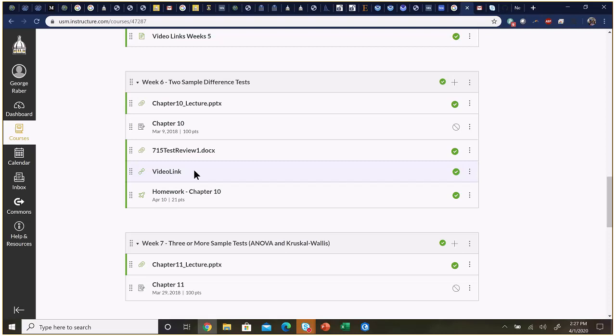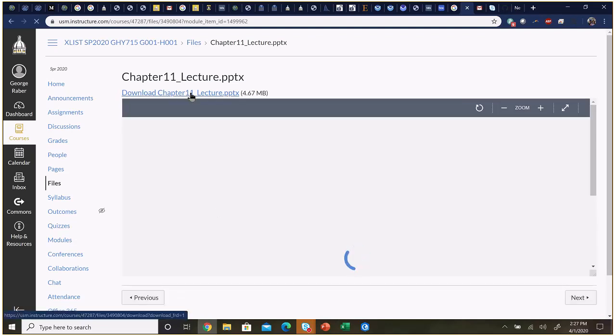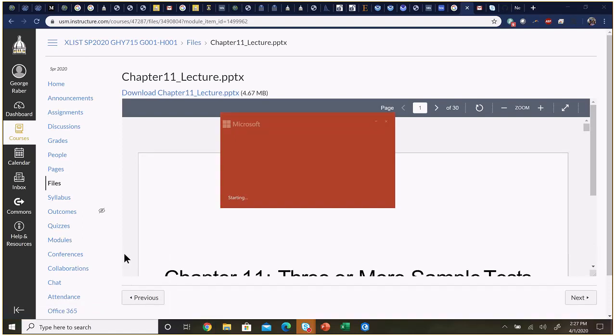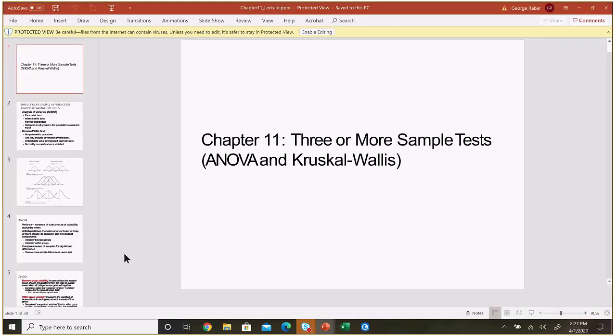So depending on the way you look at it, there were 5 or 6 different tests that we talked about. Well, in Chapter 11, there's only 2 different tests that we're talking about. And not only that, they're just building off of the matched pair concept.